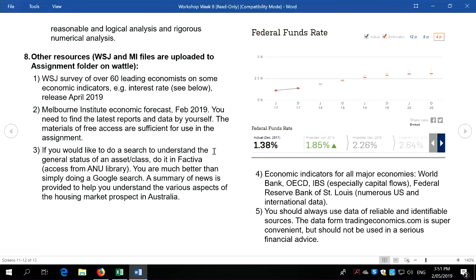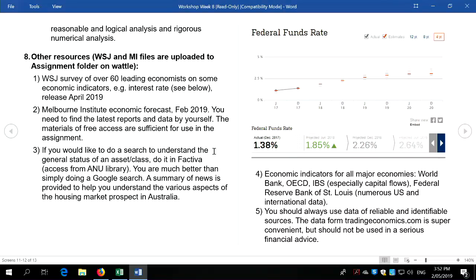From Factiva, it's very likely you're going to have the analysis pieces from the Australian Financial Review. These are written by professional journalists in economics, in finance, in business. And sometimes you may get some coverage from the investment banks or economic consultants. If you're interested in the US data, I have that ready for you in a folder as well.